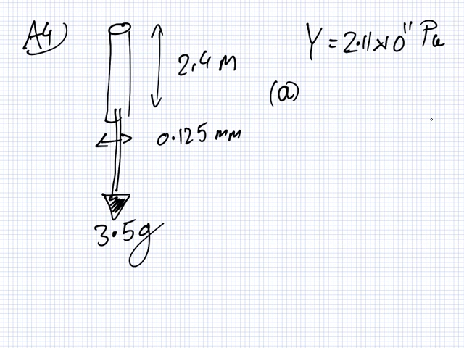Right, so I want strain. So which formula should I use? Half of the area first, and then Young's modulus equals stress over strain. Strain is extension, which I don't know. I think you're right. I think we first have to calculate stress. Yeah. And then we can get it, yeah.